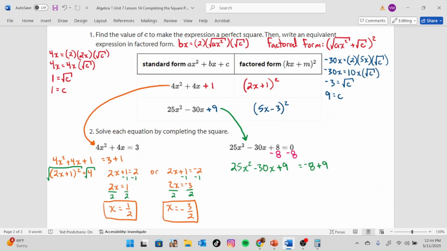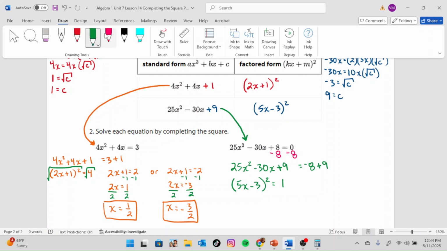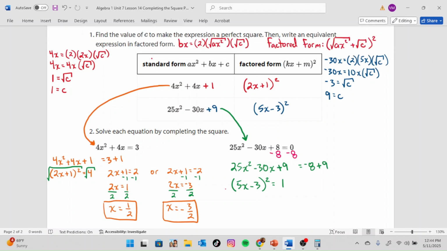Now, we said up here in this second row that makes the factored form 5x minus 3 squared. And on the right, negative 8 plus 9 is positive 1. So we completed the square and we have our perfect square.